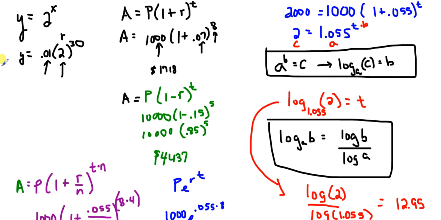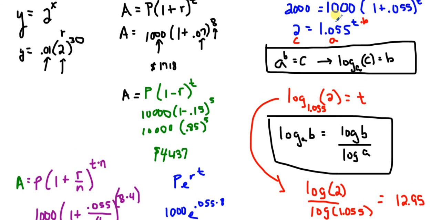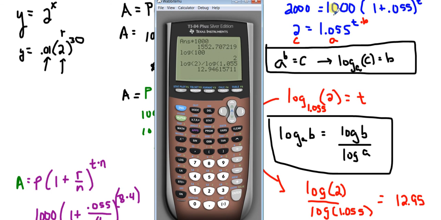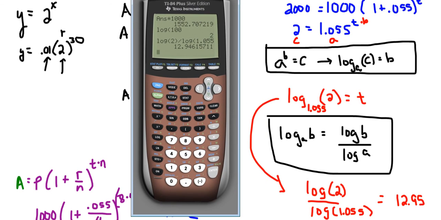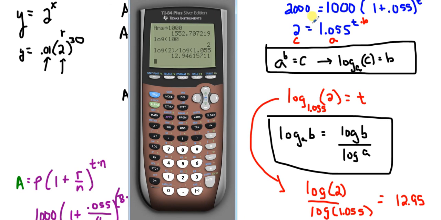And if I want to check it out, I'm going to put this in the calculator right now. So I have $1,000 times 1 plus 0.055, kind of simple interest, compounded annually. It's really compound interest, but it's compounded annually.